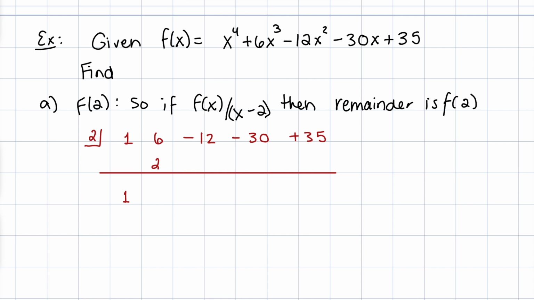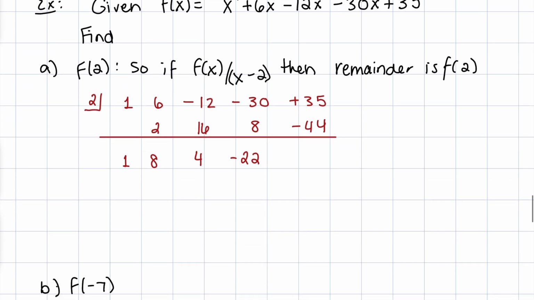We add. 6 plus 2 gives me 8. 2 times 8 is 16. 16 minus 12 gives me 4. 4 times 2 is 8. 8 plus negative 30 gives me negative 22. Negative 22 times 2 gives me negative 44. And negative 44 plus 35 will give me negative 9.